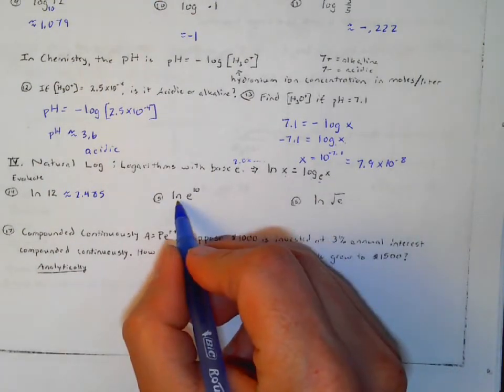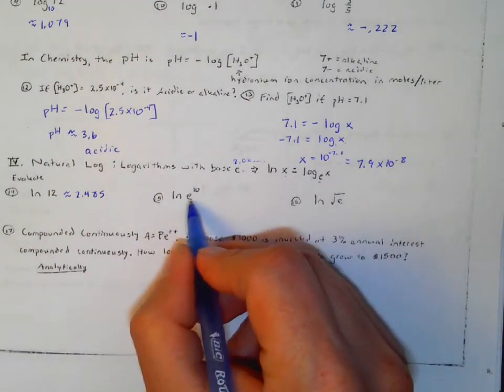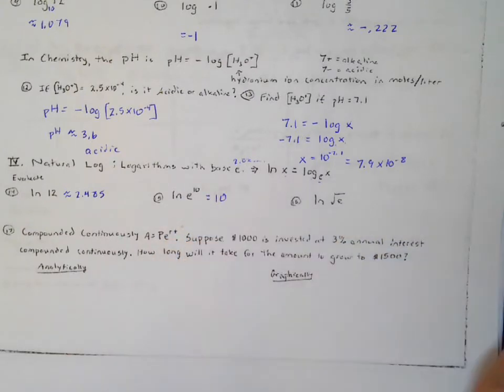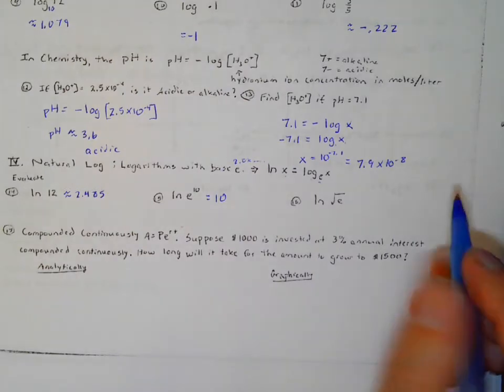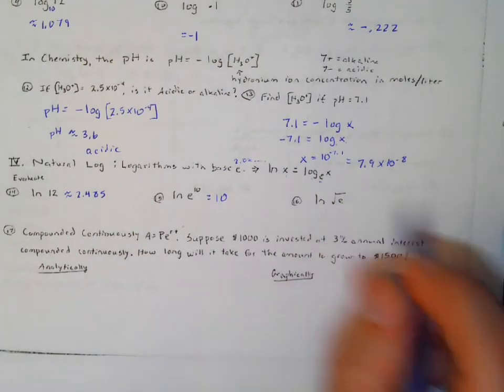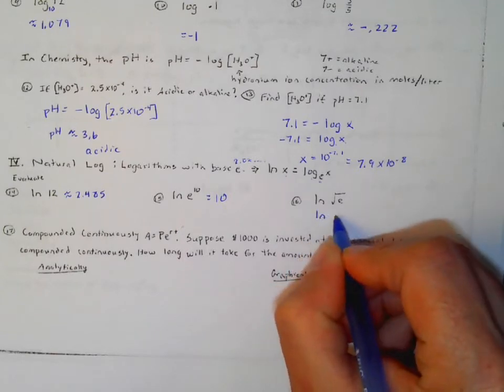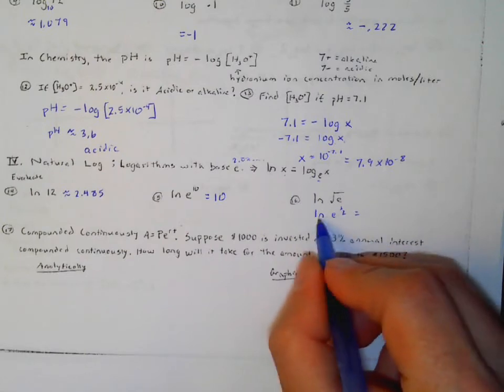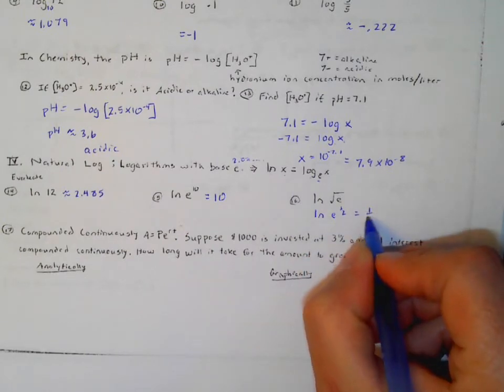What happens is the natural log and e are inverses of each other, they cancel each other out, so this would just be 10. And here, this would be the same thing as natural log of e to the 1/2. Once again, the natural log and e cancel each other out, so you just have 1/2 as your answer.